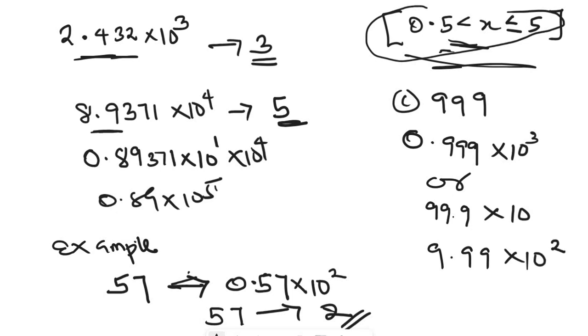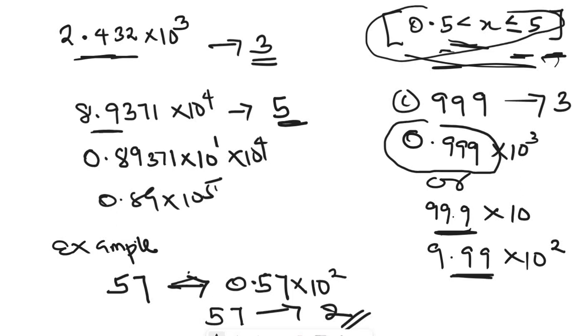Now when you check, 99.9 is outside our region, and 9.99 is outside the region. The only one in between the region that we can obey is 0.999 times 10 to the power 3. So the order of magnitude of 999 is 3. I believe it's clear, and the issue with order of magnitude has been settled with this small logic. See you in the next class.